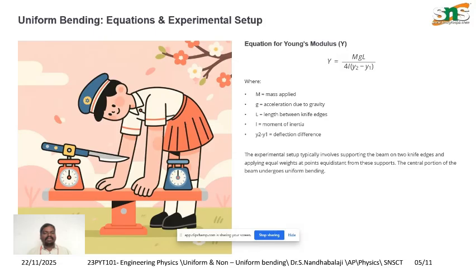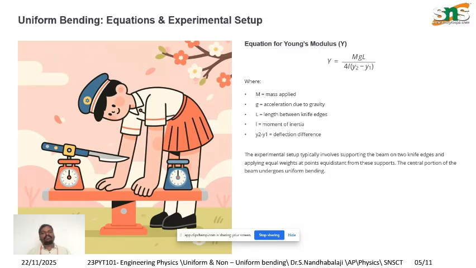Theory of non-uniform bending, like varying bending moment: the bending moment changes along the beam's length, leading to a non-uniform curvature. Parabolic deflection: the deflection curve is typically parabolic, more complex than uniform bending.